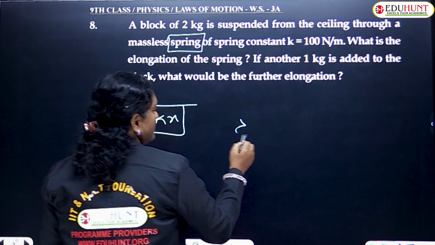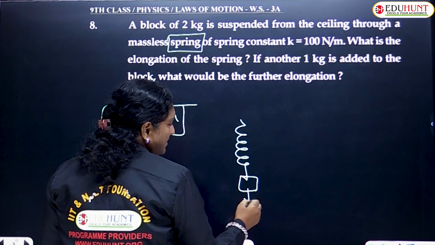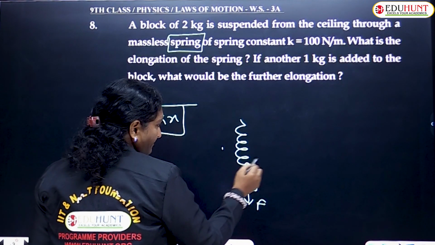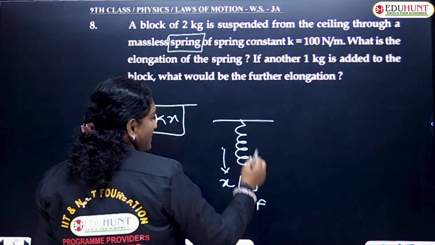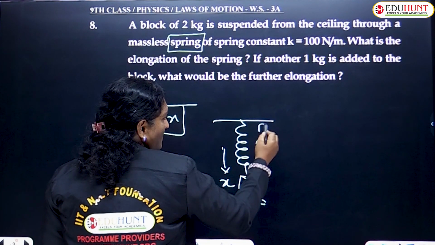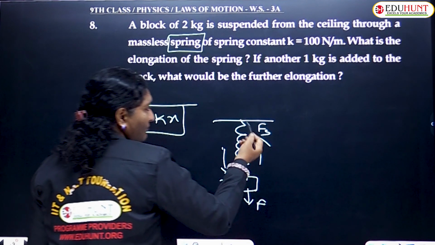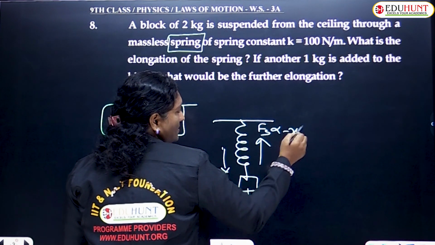I'll explain this. This is the spring, children. Because some force F is applied, the spring will be extended to some distance x. As a result, a restoring force will be applied. The restoring force, given as the spring force Fs, is proportional to x in the opposite direction.